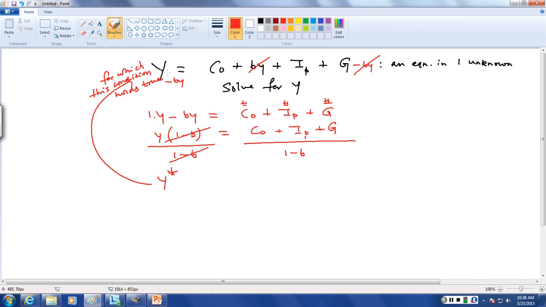The condition for equilibrium. That's the only Y for which that condition holds true. So that is equilibrium Y then. So equilibrium Y is equal to C0 plus IP plus G divided by 1 minus B.